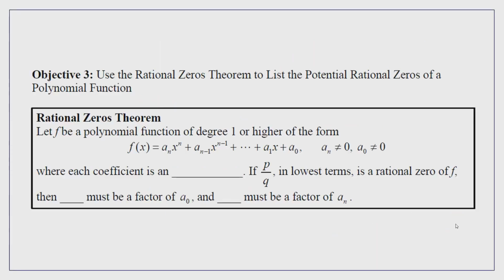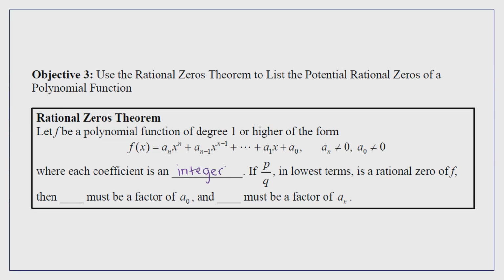Objective 3. Use the rational zeros theorem to list the potential rational zeros of a polynomial function. So the rational zeros theorem says: let f be a polynomial function of degree 1 or higher of this form f of x, where each coefficient is an integer.